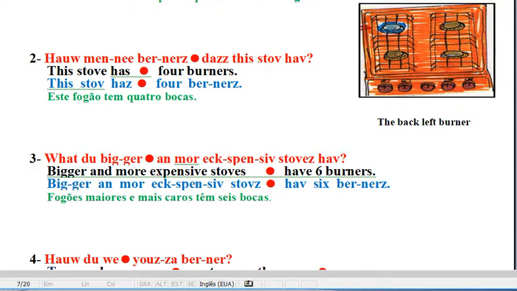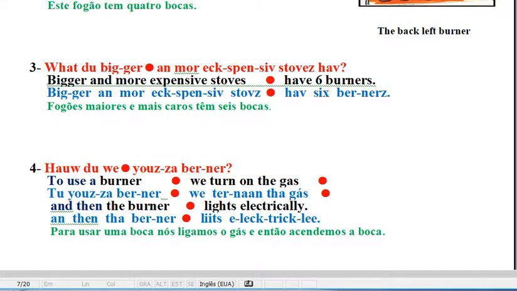Line 3. Bigger and more expensive stoves have 6 burners.